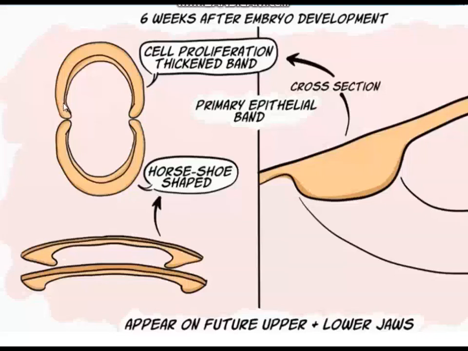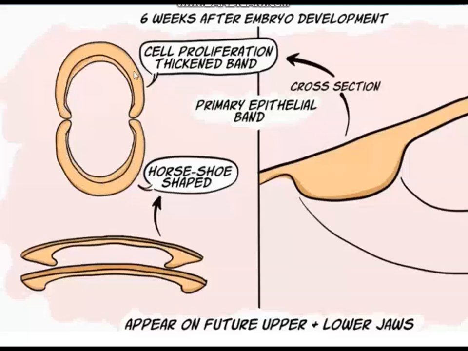In the oral cavity, at the region of the oral cavity proper, there develop two horseshoe-shaped bands of cells, along the maxillary arch and the mandibular arch.